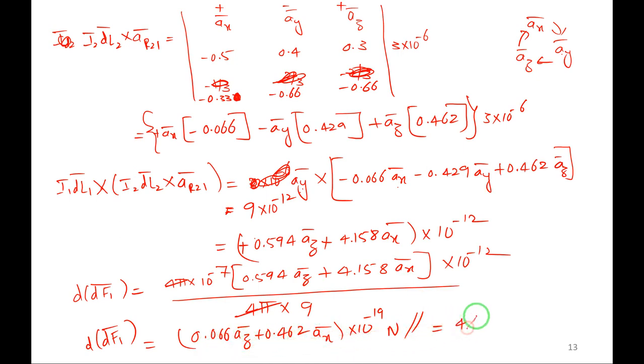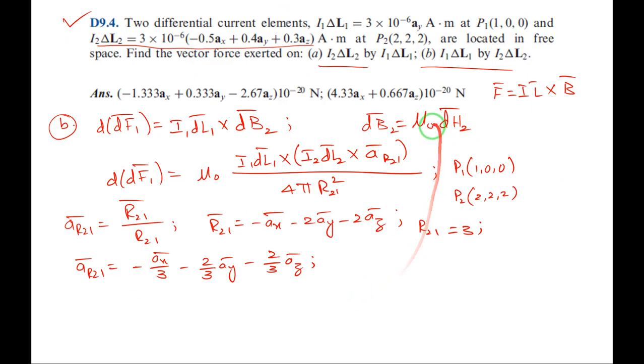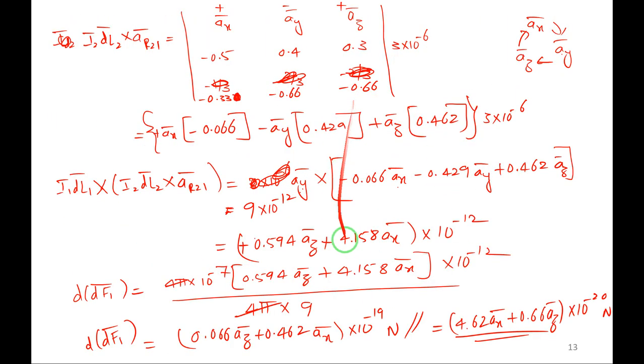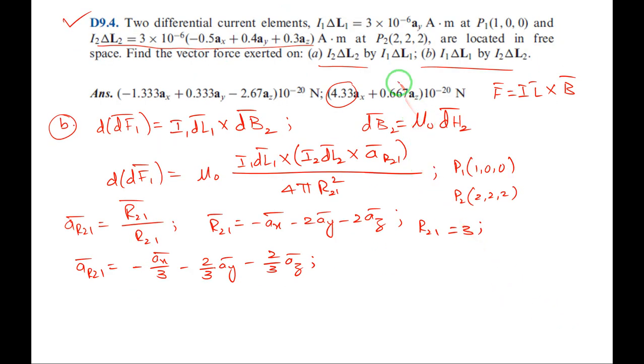So 4.62 AX, shifting one digit, 0.66 AZ into 10 power minus 20 newtons. Is it fine? 10 power minus 1 has been added here, so just multiply by 10. So 4.62 or 4.33 they are getting, but we are getting 4.62. Then 0.66, they are getting 0.667.